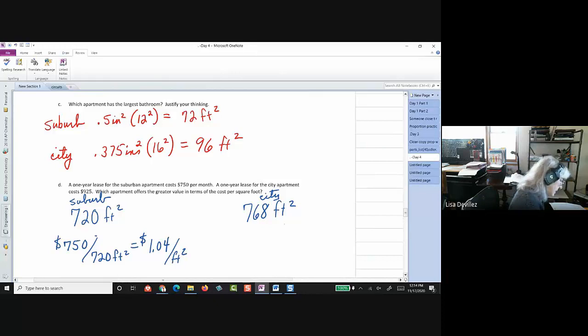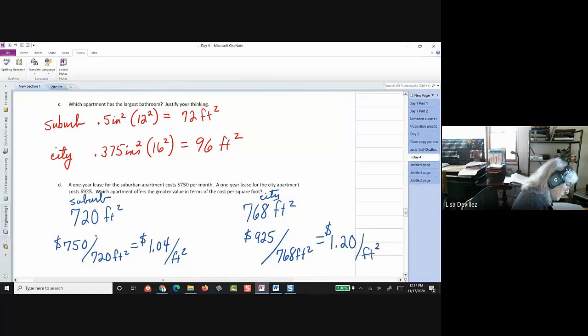And then my city one, it's $925 per 768 square feet, which would be 925 divided by 768. 1.2, so $1.20 per square foot.